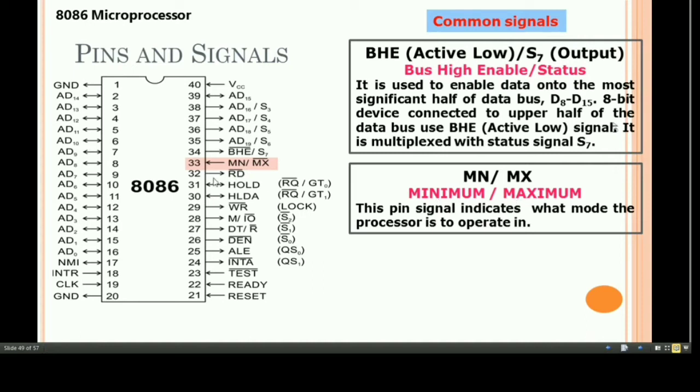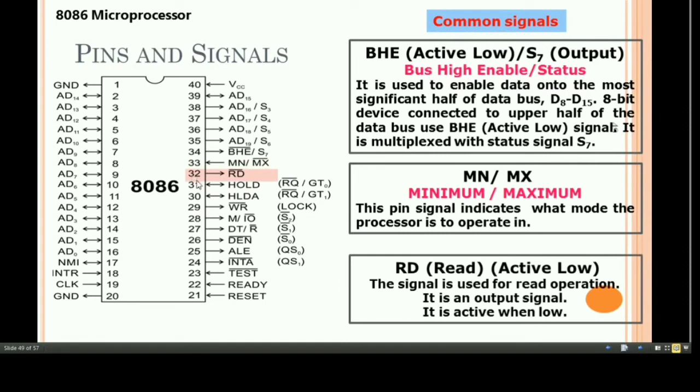So when the high signal is on this pin, means this pin is active high, means we are getting signal 1, at that time our processor is working in minimum mode of operation. And when the pin is active low, means when 0 is present on this pin, at that time the processor is acting in the maximum mode of operation.